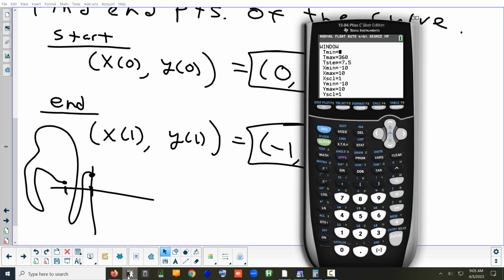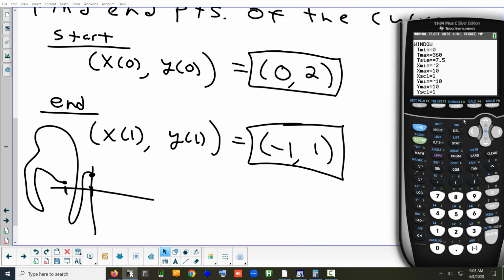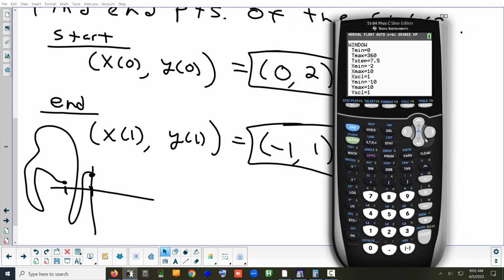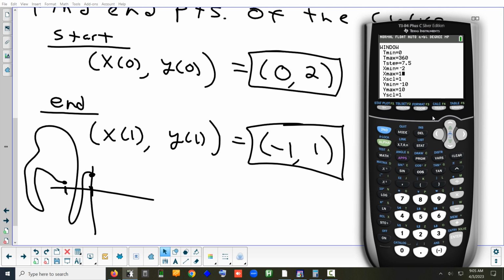So let's go to window. Let's set the x min at -2 and the x max at +1. Now for my y min and max. We have a value at 2 and we have a value at 1. So we know it's going to go between 1 and 2. Does it go beyond 1 and 2? Well, if it curves like this, it does. It's going to go way beyond 1 and 2.